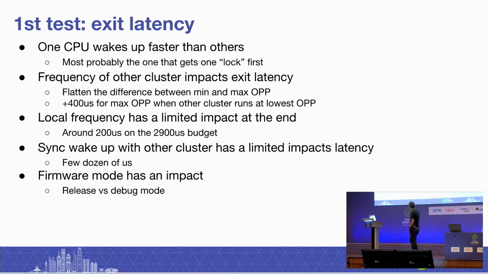Running the other cluster at the lowest frequency was flattening the wake-up latency, whatever the frequency you were running on the big core. For example, there was 400 microseconds of difference when the big cluster was running at the highest OPP, depending on the frequency of the little cluster, which can be significant.